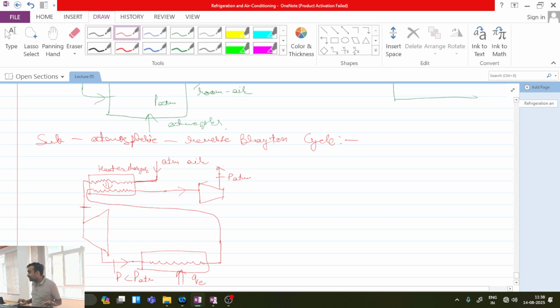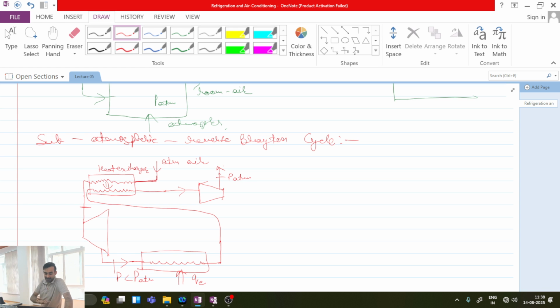So in this cycle, I have actually replaced my high temperature heat exchanger. All are clear with this point? The high temperature heat exchanger is nothing but now open to the atmosphere. All are agreeing to this point?